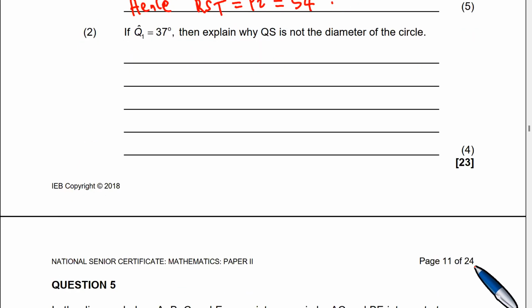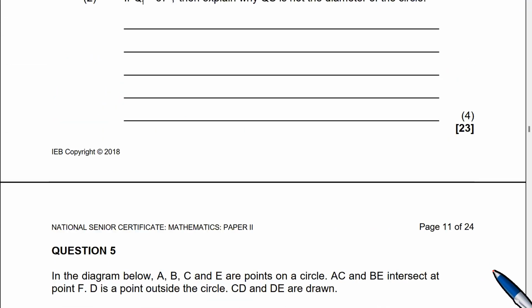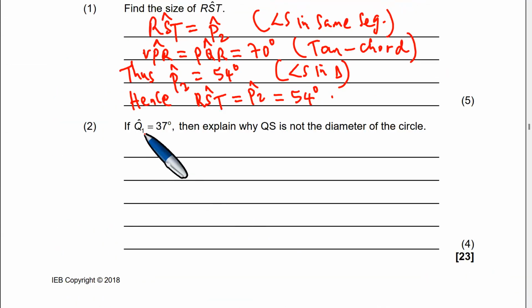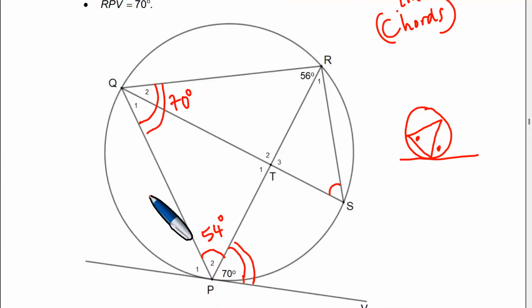There's another question they've asked. Okay, let's look at that question. They said if Q1 is 37 degrees, then explain why QS is not the diameter of the circle. Let's look at Q1 equals 37 degrees.